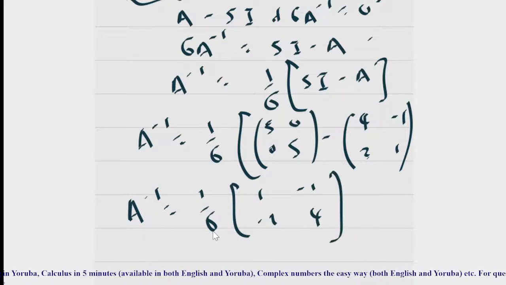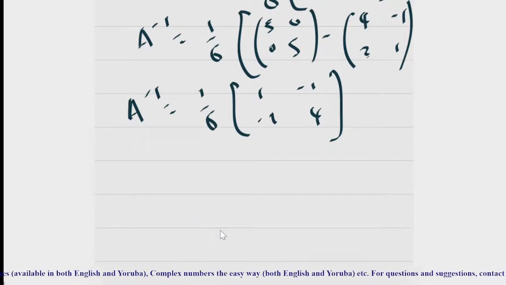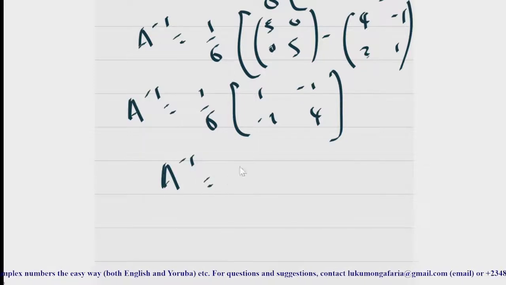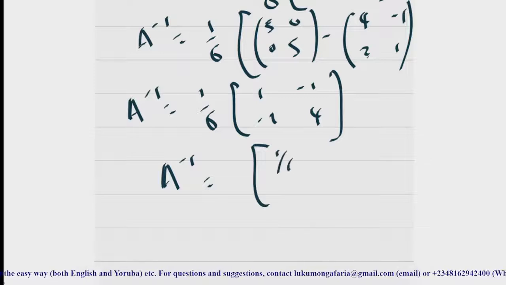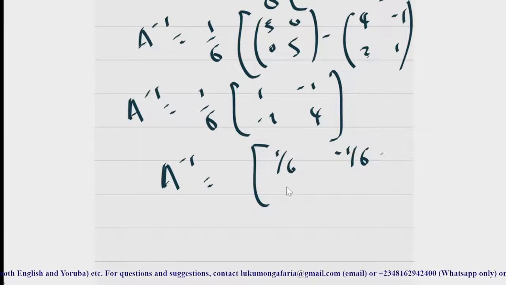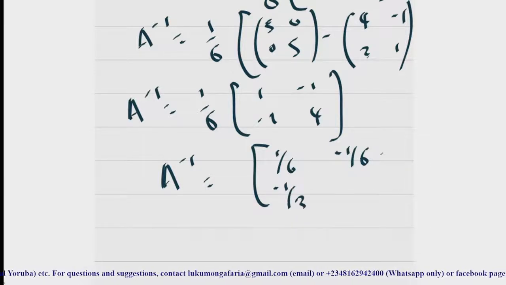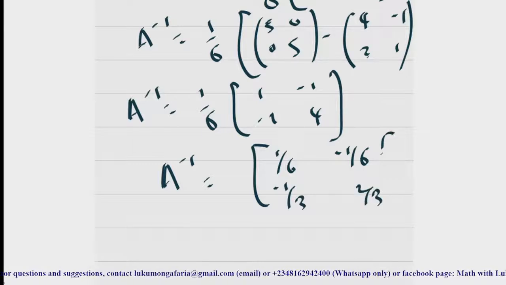And that's your inverse. If you try it, you will see you obtain the same result. You can try your adjoint, and that's going to give you the same answer. If you like, you can multiply through by 1 over 6, and this will give you 1 over 6, minus 1 over 6, minus 1 over 3, 2 over 3.